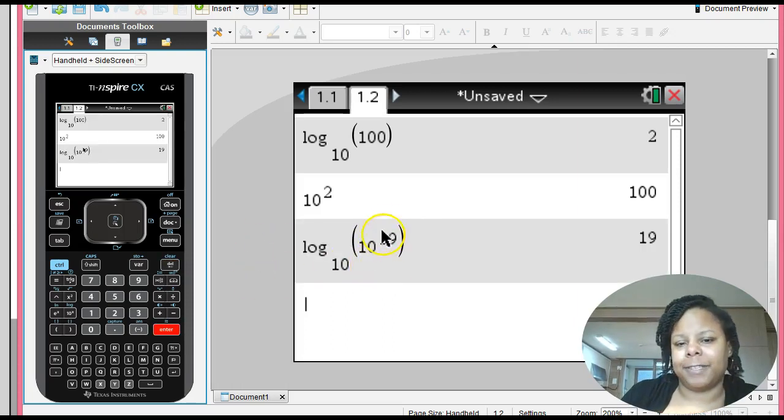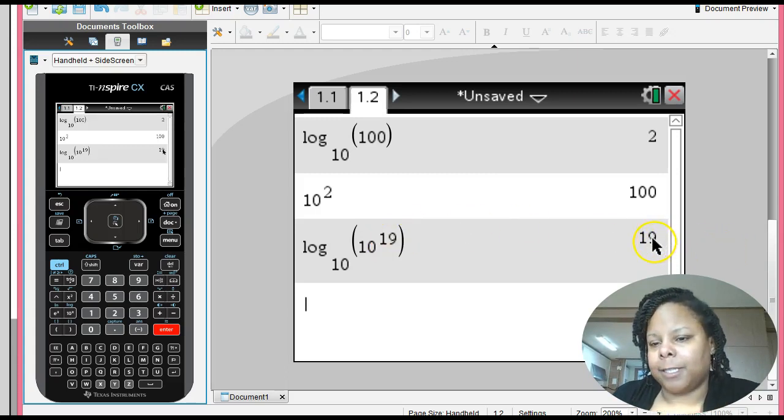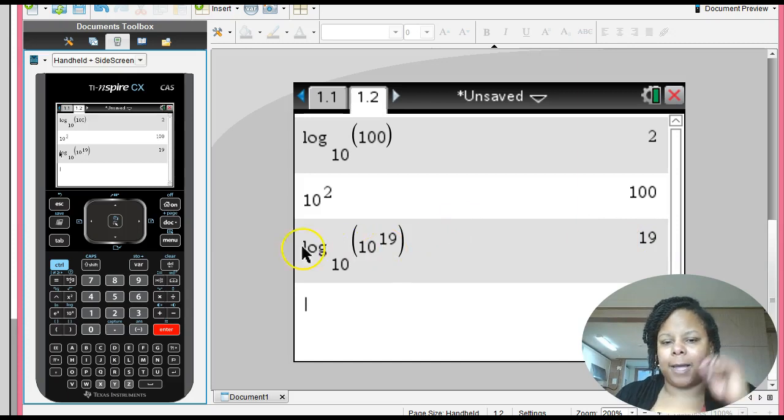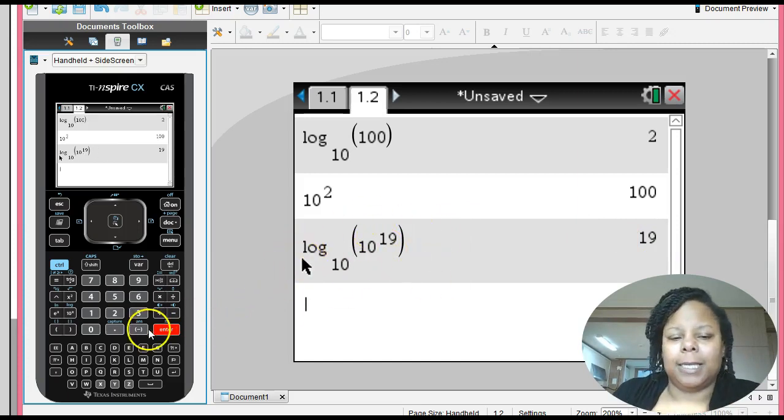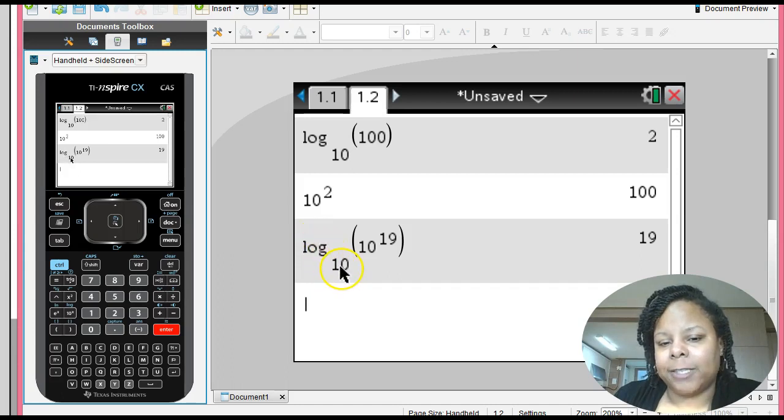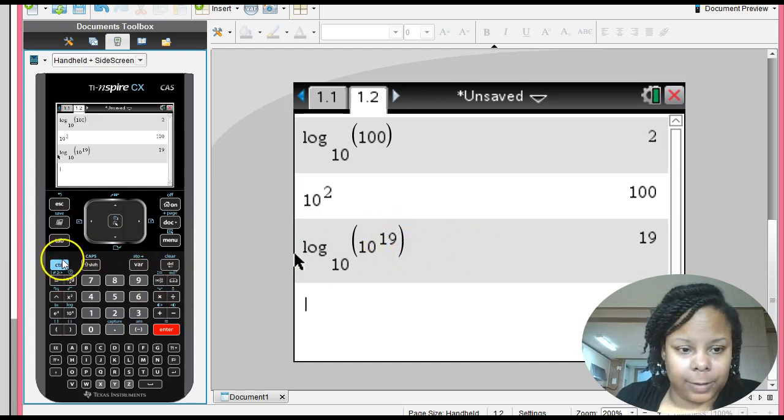So in this case, if this is my x and this is my y, then this is my y and this is my x as well. In essence, logarithms and exponential functions are inverses of each other only if they share the same base. Here the base of the log function is 10, and here the base of the exponential function is 10. And therefore the power is the answer for each of these.